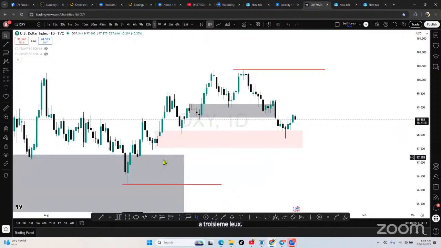Donc, on considère, on peut rentrer sur le graphique de une journée. So, we consider that, and we can go back to the daily time frame.